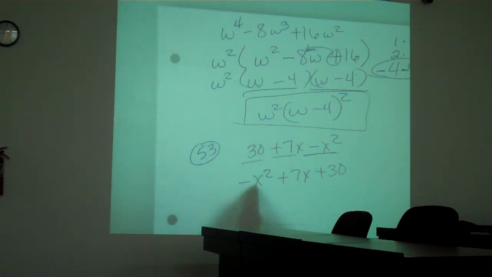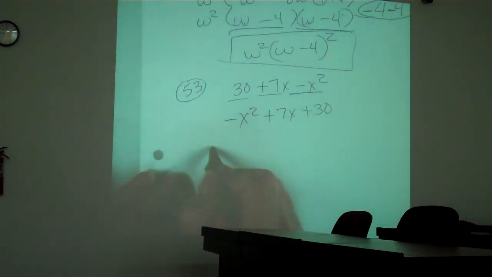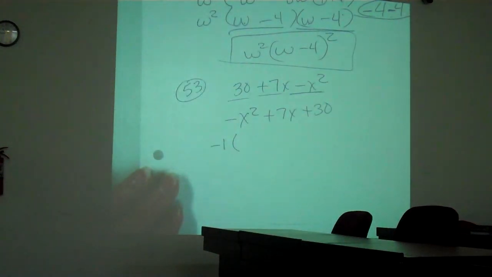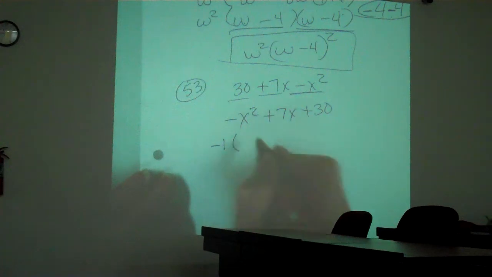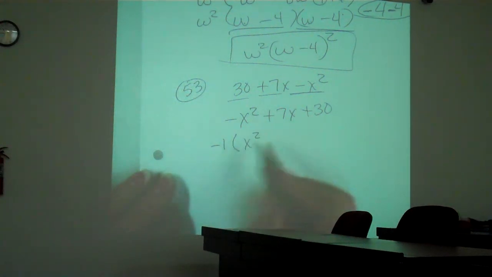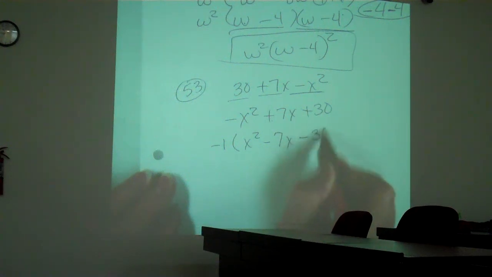And when this is negative, there's like 3 different ways you can factor it. You put the negative 1 out front that they have in common, and then you'll have x squared minus 7x minus 30.